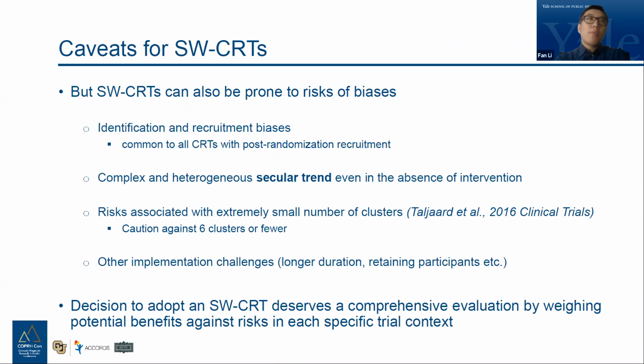But SW-CRTs can also be prone to risk of biases, which include identification and recruitment biases, which is common to all cluster randomized trials with post-randomization recruitment.